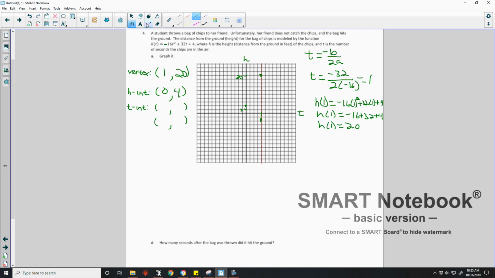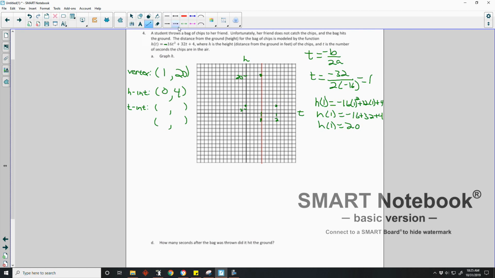My vertex is the point 1, comma 20. So now I can draw a function through that point, but let's plot another point. So if this is the point 0, 4, then I go over 1, 2, 3, 4 units, which are quarters. So there's 1, 2, 3, 4 to here, that would be 2. So there's a value here.